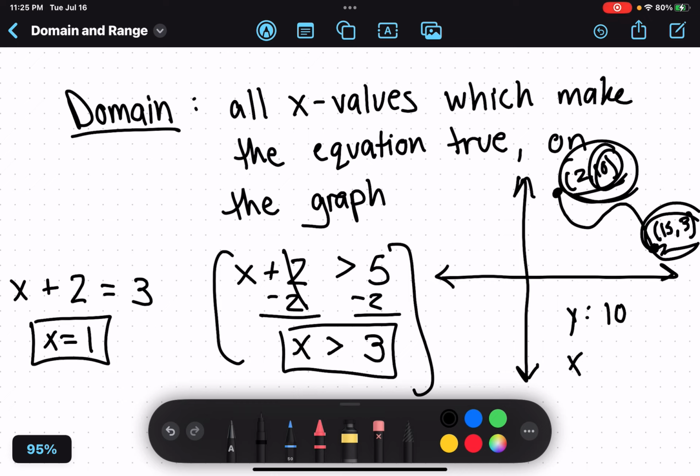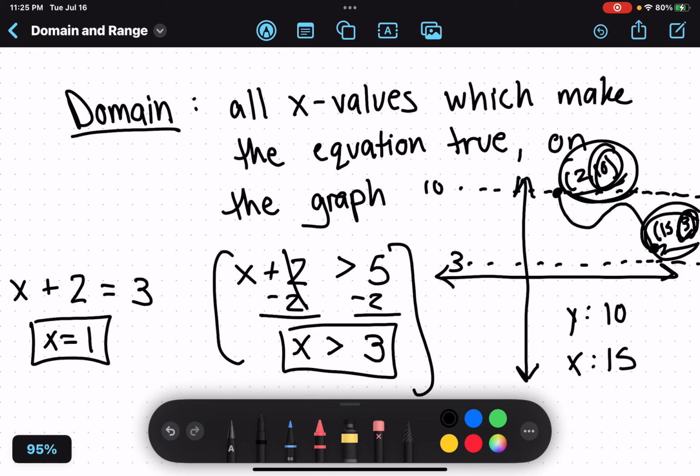And our greatest x value is 15. Meaning it doesn't go past the y of 10, and it doesn't go past an x of 15. Now, it also has limits on how low it can go, meaning for the y's in this case. The highest it could go is 10, but the lowest it can go is 3.